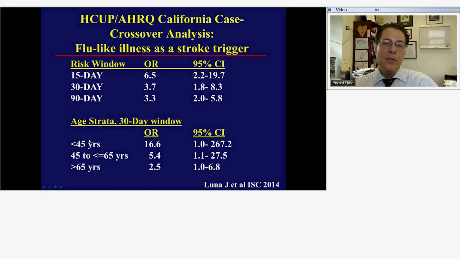And even among people who are less than 45 years old, which is obviously a very young age to have a stroke, and so a rare event, there was a pretty dramatic increase in the risk of stroke associated with flu-like illness in this 30-day window. Very large confidence intervals, but a much bigger effect there. So it may tell us something about the risk of infection and stroke in the young.